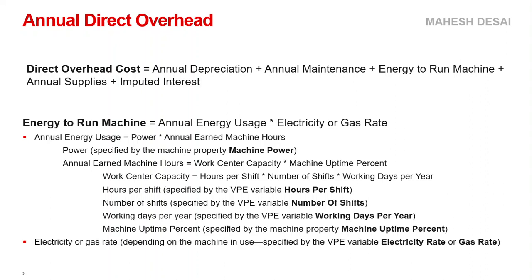Then the electricity rate or gas rate, depending on the machine in use, whether it is used as electricity or as gas. Based on that, there is a BP variable where we can set the value.